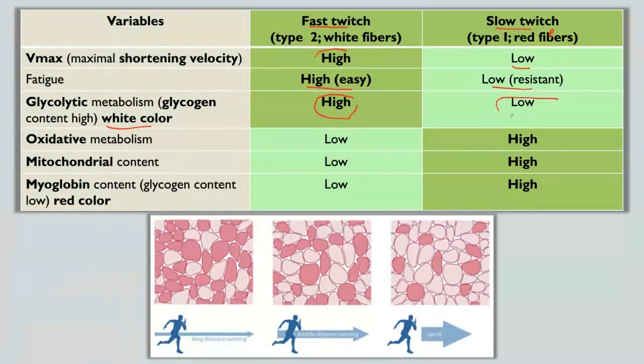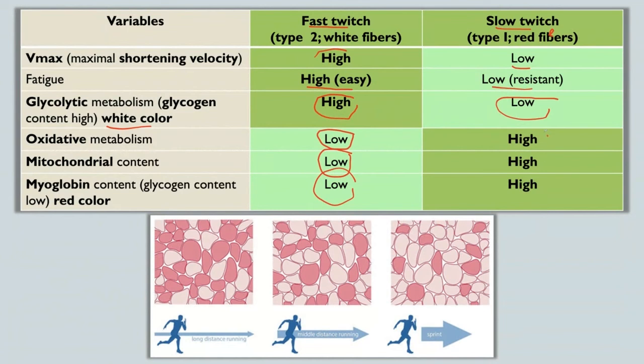Very low glycogen in the type 1. That's why they are red, because they have more myoglobin. Oxidative, these fast twitches don't produce too much oxidative metabolism. They don't need too many mitochondria, and they don't need myoglobin because they don't need to store oxygen if they are not going to use it.